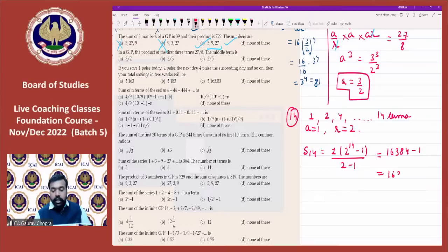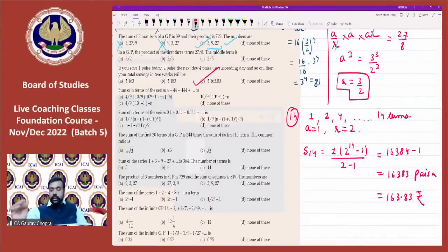We are getting 16,383 paisa. This is in paisa. Now check the options. In options, rupees is given instead of paisa. So for converting into rupees, just divide by 100 to get 163.83 rupees. Option number C becomes the correct answer. Right? So option number C is the correct answer. You can see that easily. Okay.